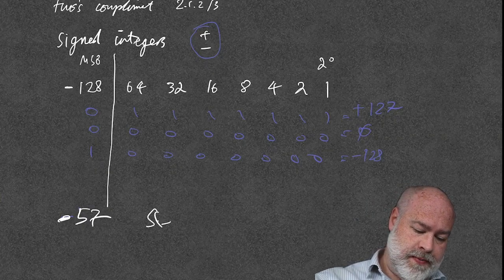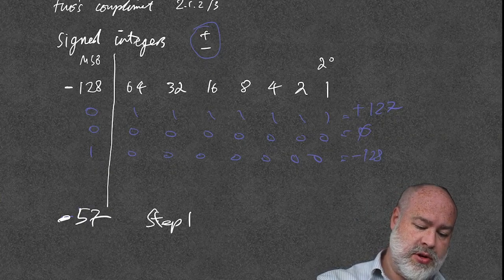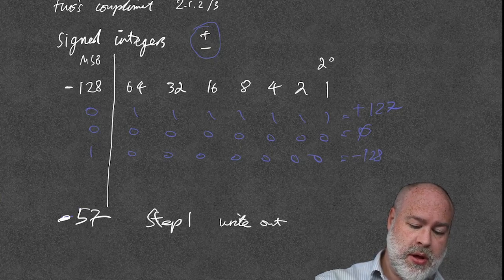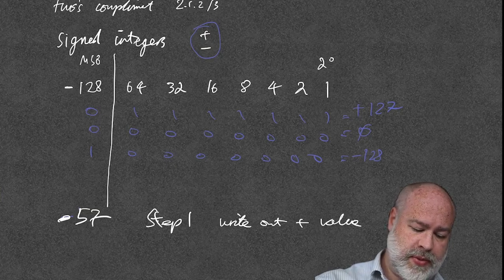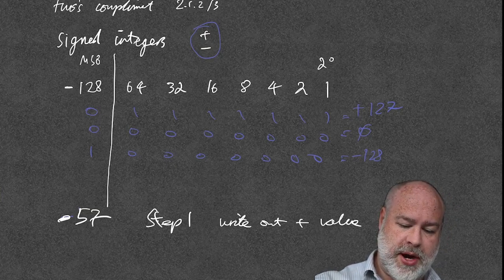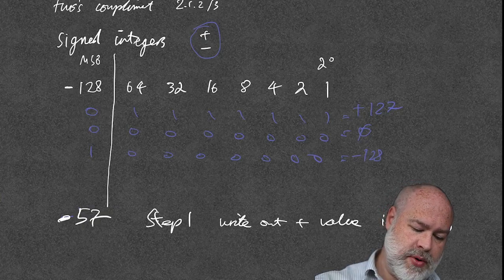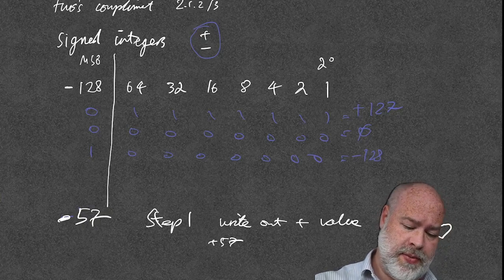Step 1 is to write out the positive value in binary. So what we're going to do is represent plus 57 in binary.